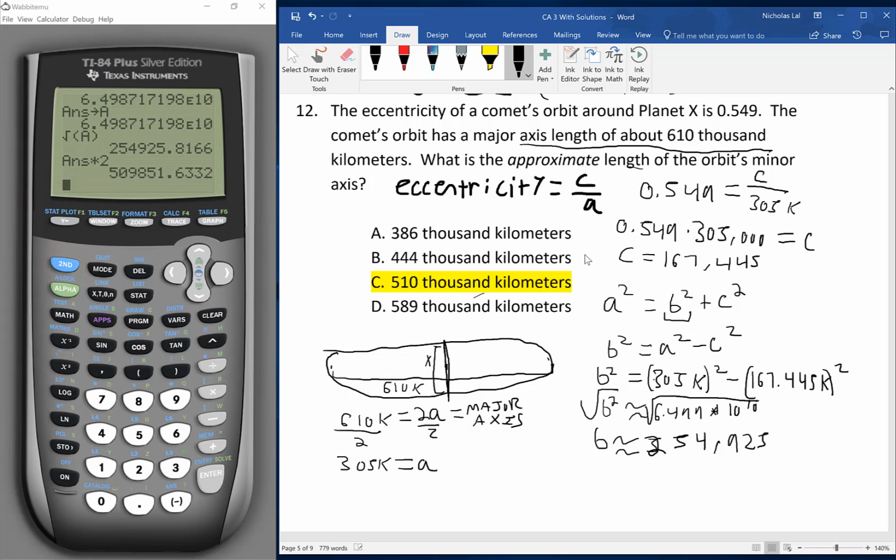But this is the semi-minor axis, so the minor axis is equal to 2b. Multiply each side by 2, and that will give you 509,851, which is approximately equal to 510,000.